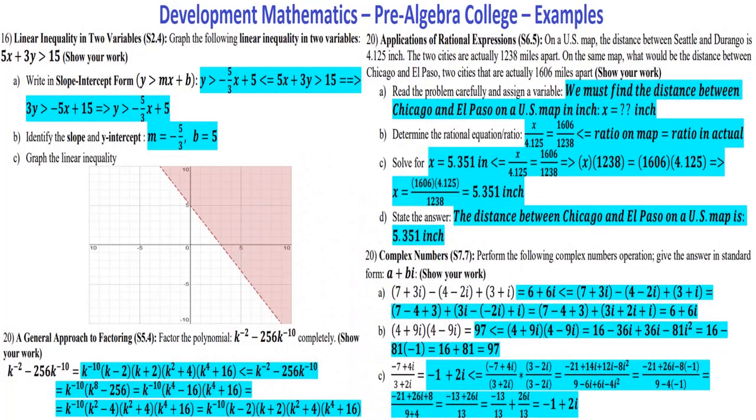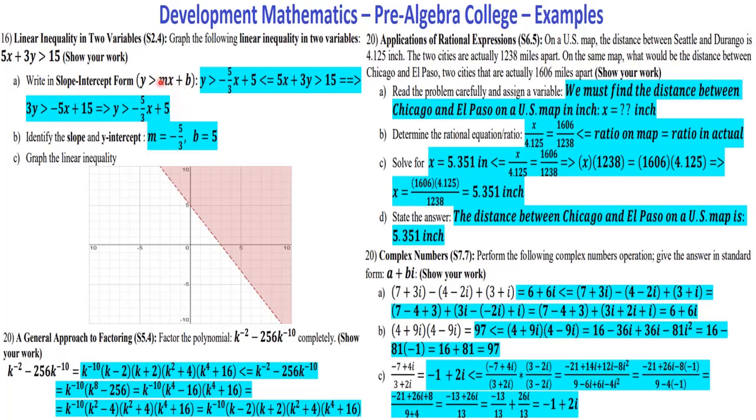And here I have developmental math examples. Linear inequality. Again, if you have 5x plus 3y greater than 5, then put this in slope-intercept form, y greater than mx plus b. If you solve this, 3y is minus 5x plus 15, then y is minus 5 over 3 x plus 5.